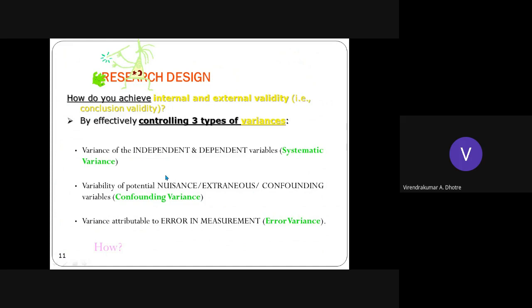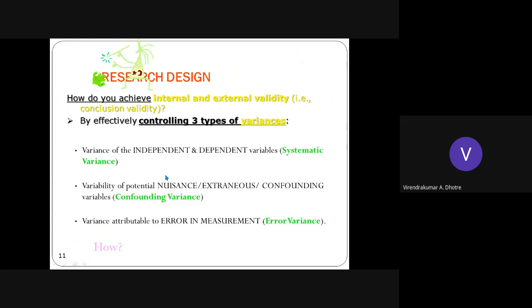We control how much noise should be allowed or generally considered. For example, when we convert one form of energy into another, there is a transformation, but transforming 100% of one energy into another is not possible. Sometimes there is a loss, and sometimes other things are also present. That is considered a nuisance, or extraneous variables, or confounding variables, and we control how much it should be.